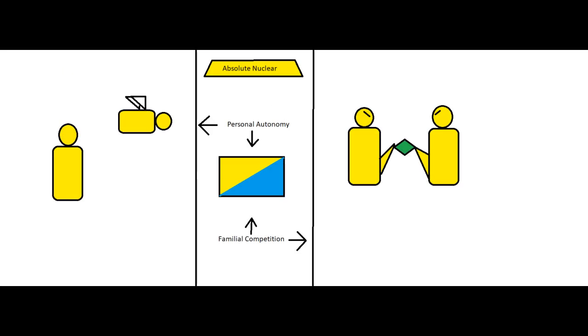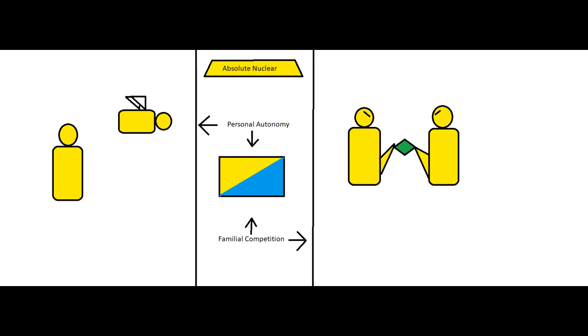Starting with absolute nuclear. Absolute nuclear is categorized by 2 things. First thing is there's a lot of personal autonomy with younger family members, and there's a lot of familial competition within the family. Alright, so basically the family dynamic is designed to be competitive but also autonomous.